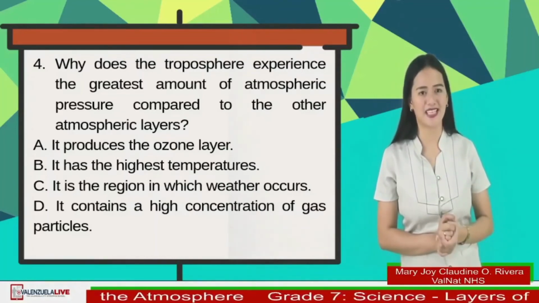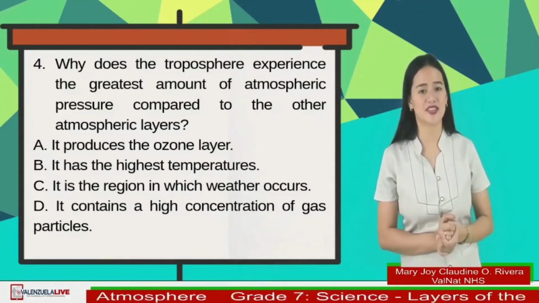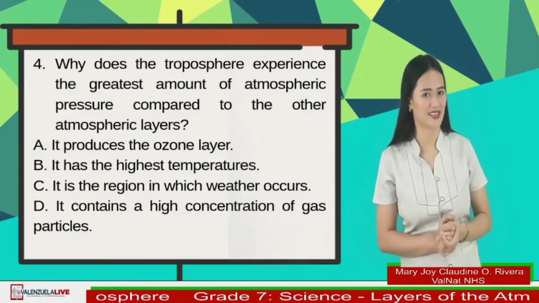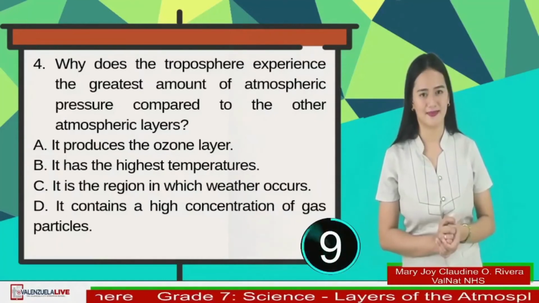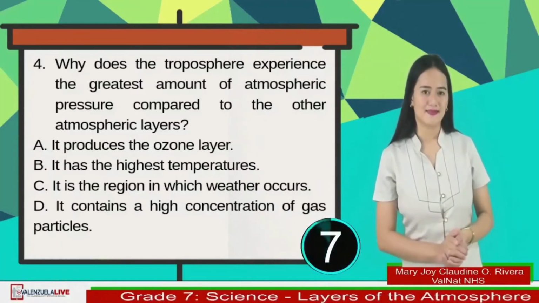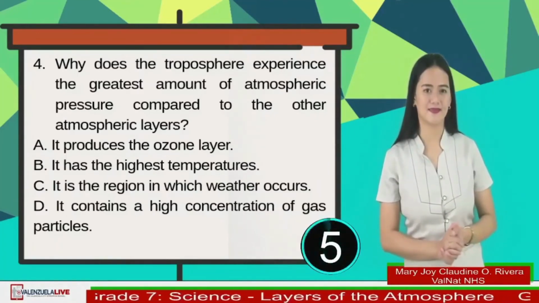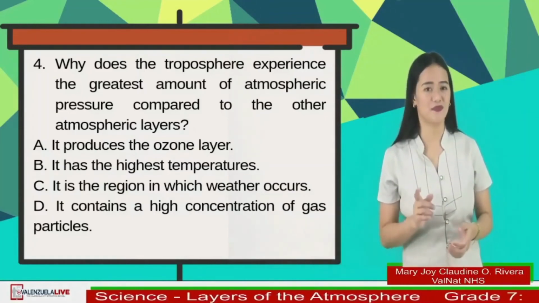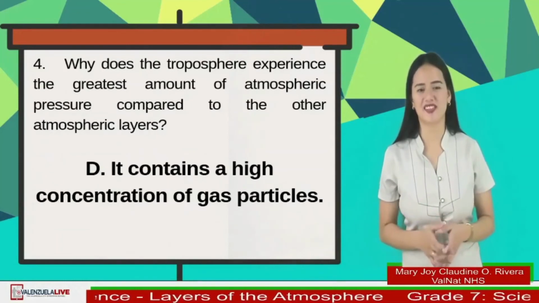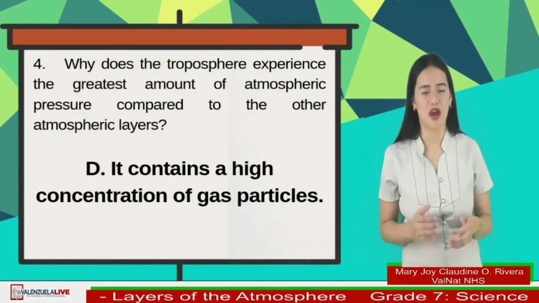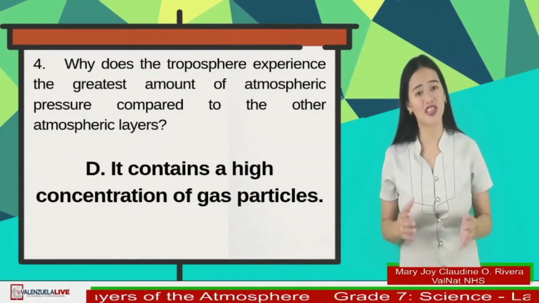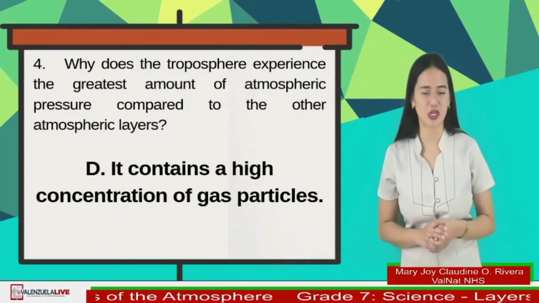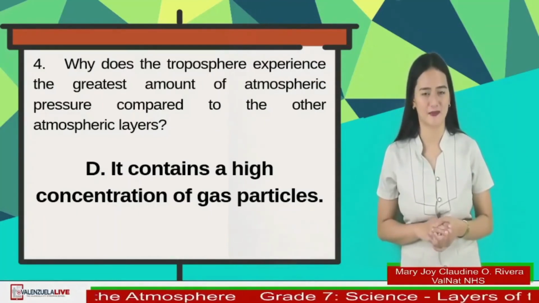Or letter D. It contains a high concentration of gas particles? Superb! The troposphere experiences the greatest amount of atmospheric pressure because it contains a high concentration of gas particles.